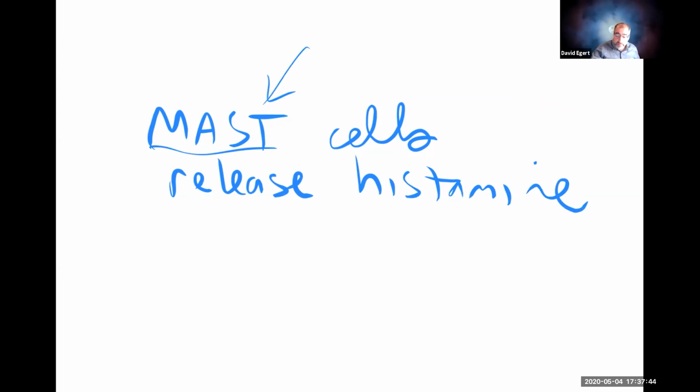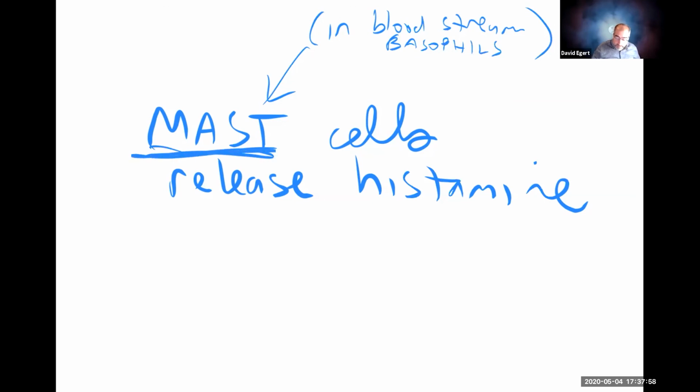In the bloodstream, they're called basophils, which are pretty rare, super rare. These cells can get triggered to degranulate and release histamine, which causes inflammation.